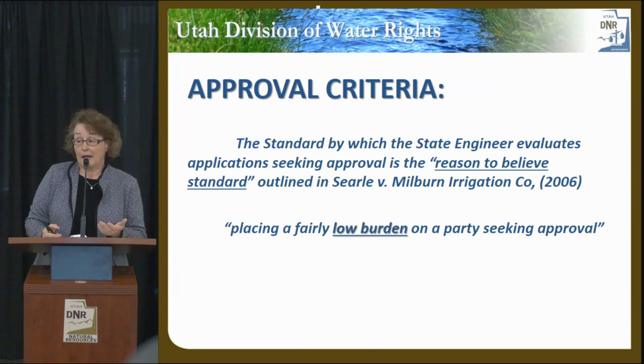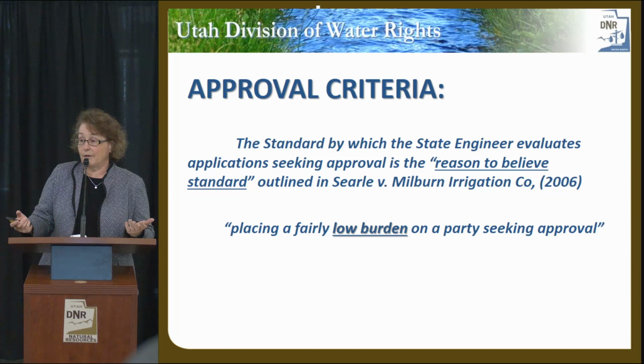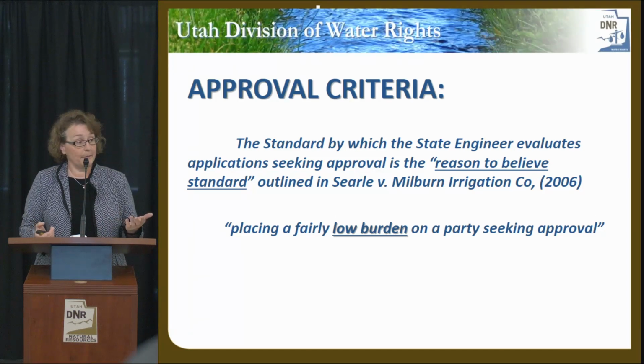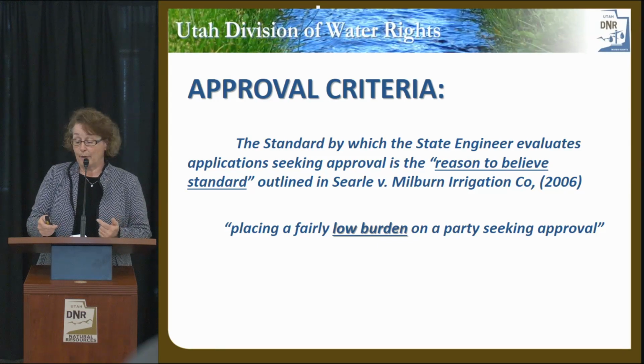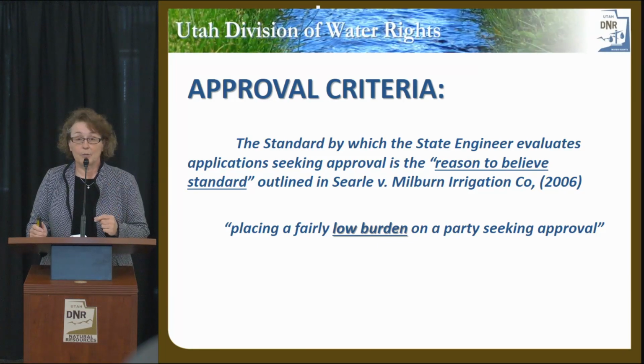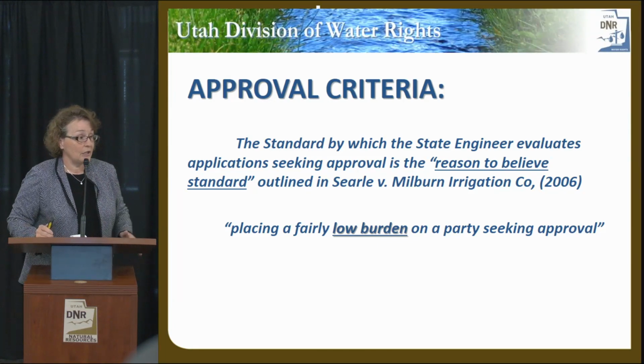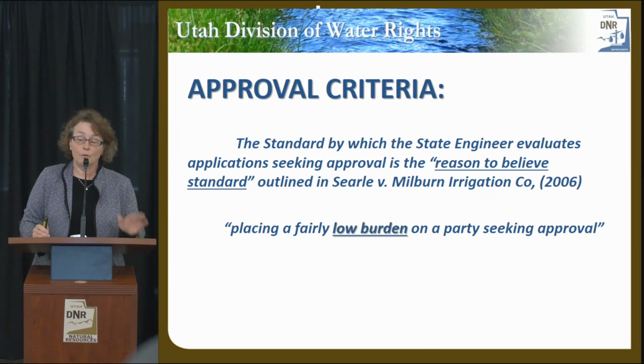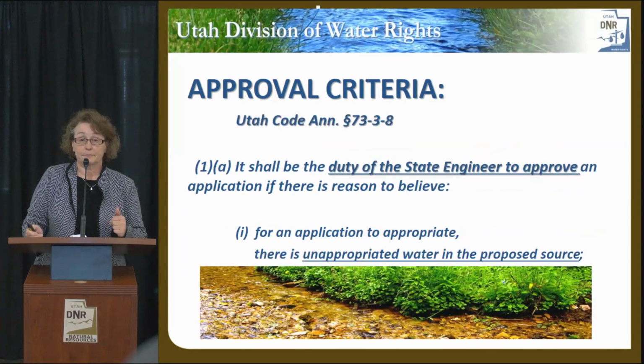Then an applicant can compel us with additional data that the application does not meet that statutory criteria. But keep in mind, whether it's an application to appropriate, a change, or an exchange, we use that reason to believe standard when we evaluate applications or the data that is before us.